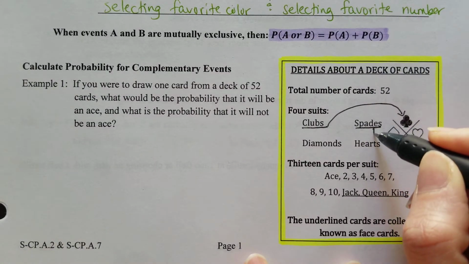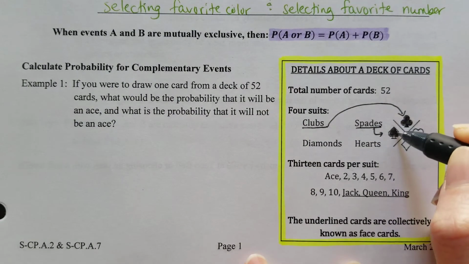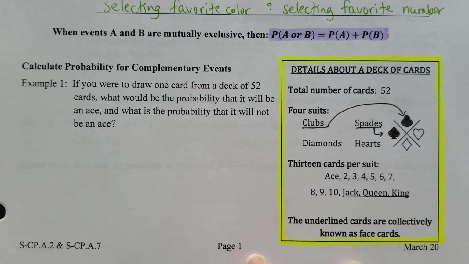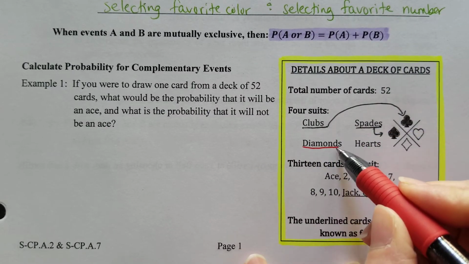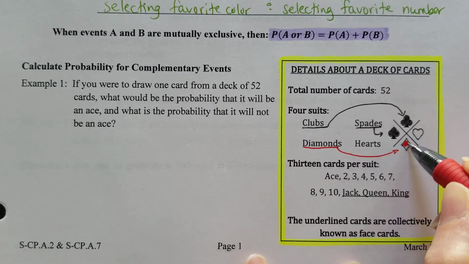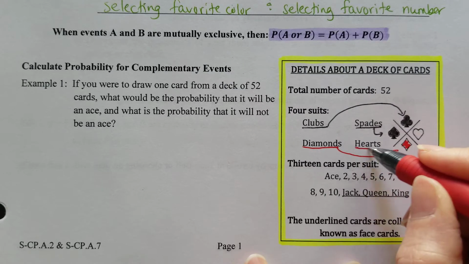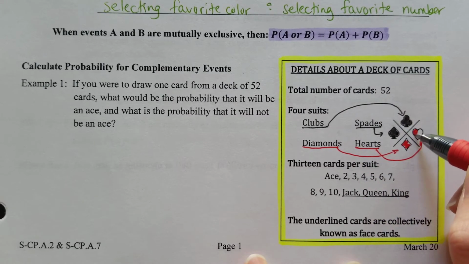Spades are also a black suit. We have diamonds, which are a red suit, and they are right here. And then we have hearts, which are right here, and those are also a red suit.